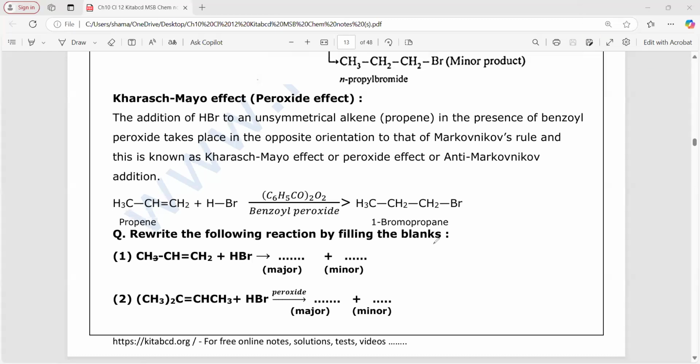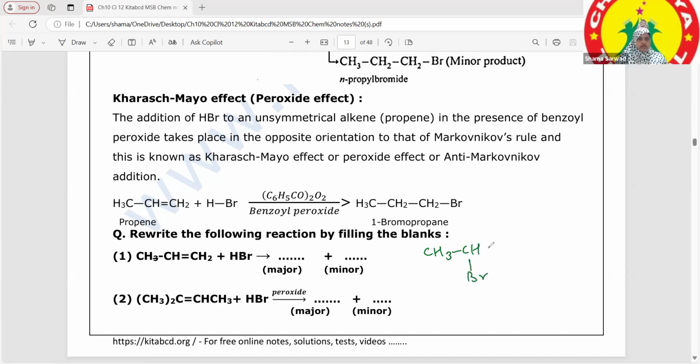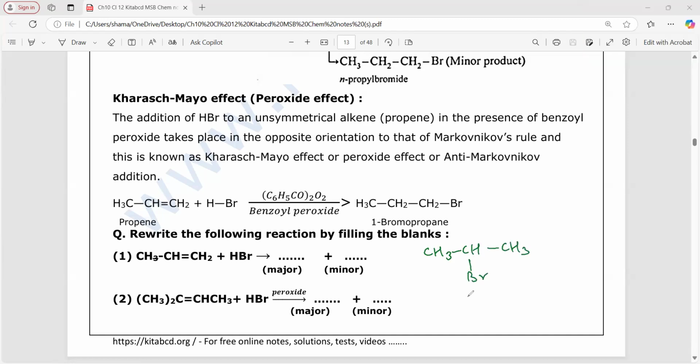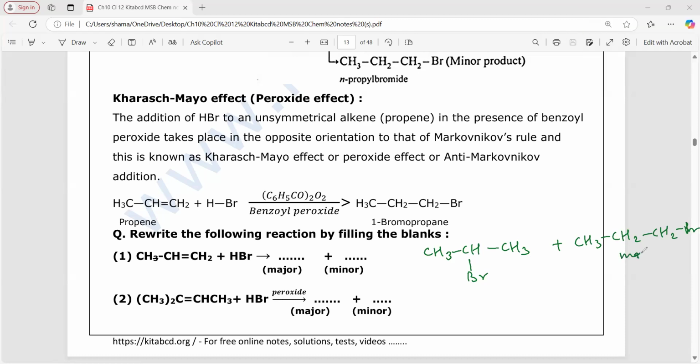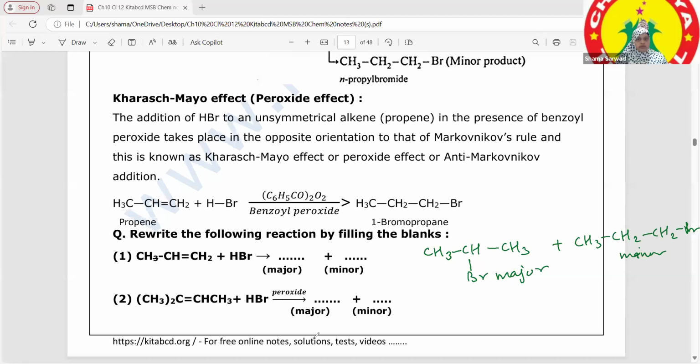In the first answer, when Br attaches to the second carbon, it is the major product, and when it attaches to the third carbon, it is the minor. So CH3CH2CH2Br would be minor, correct? And this is major, correct? Good. What about this one?